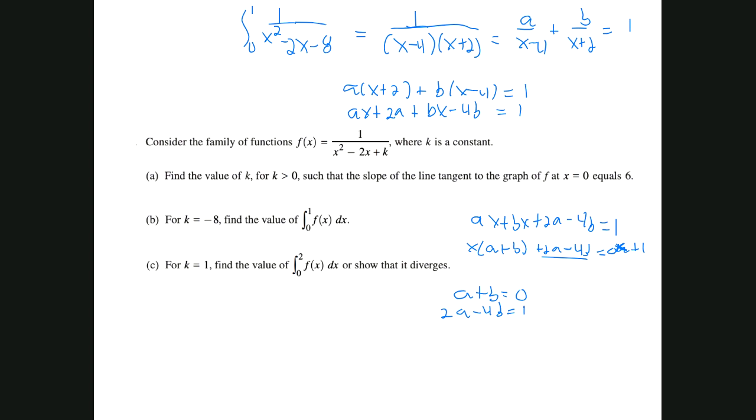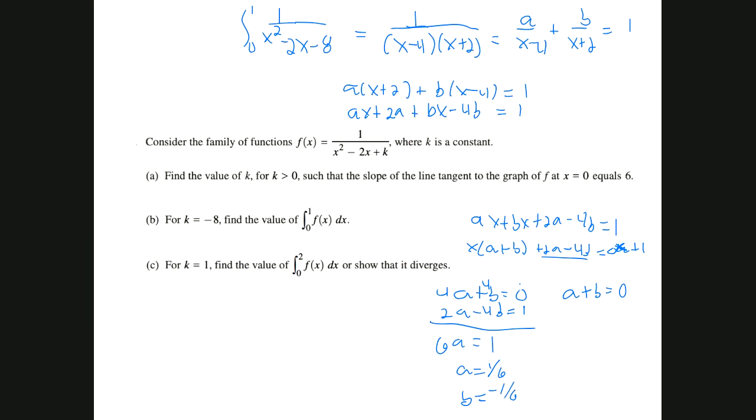So now I have to solve for a and b, because I need my a and b values here. I'm just going to multiply through by 4 here. That gives me just 0 here. If I add down, I end up with 6a is equal to 1. a is equal to 1/6. If I know a is equal to 1/6, I can just plug it back in here. a plus b is equal to 0, so b is equal to negative 1/6.